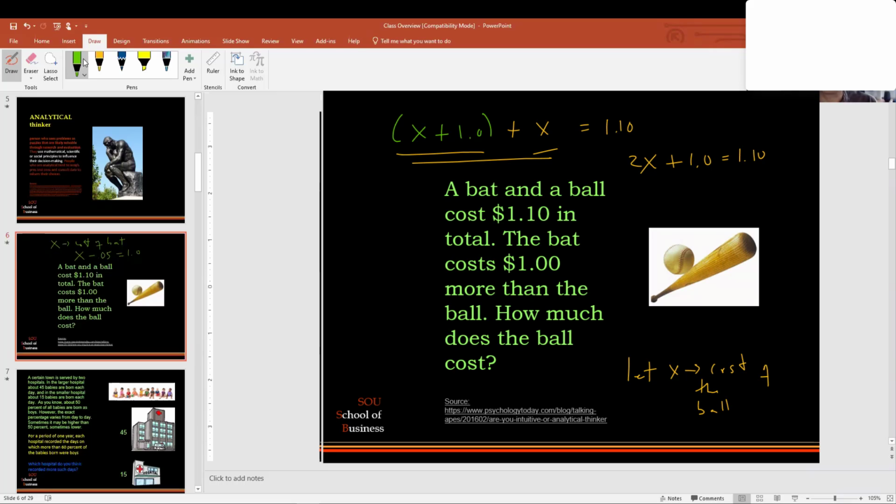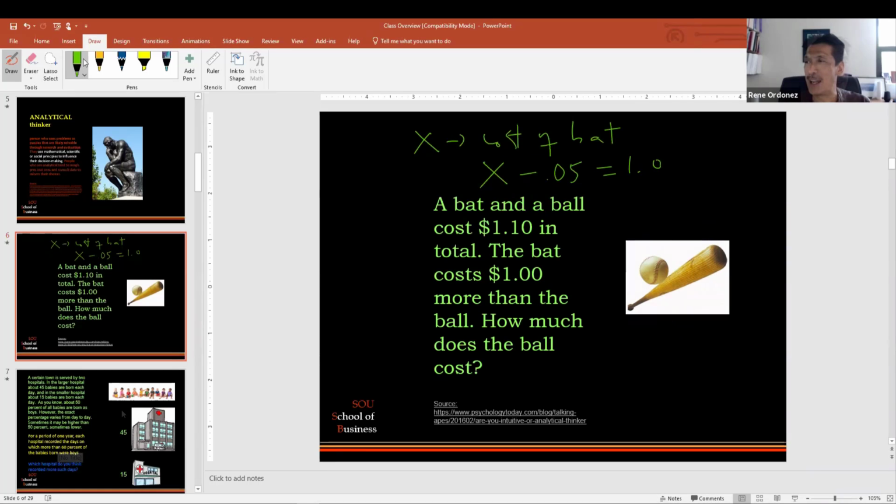And transferring 1 to the right-hand side, we have 2X is equal to $1.10 minus $1. 2X is equal to 0.1, and therefore we divide 2X by 2, and we do the same to the right-hand side. So we obtain X, the cost of the ball, as 0.05.